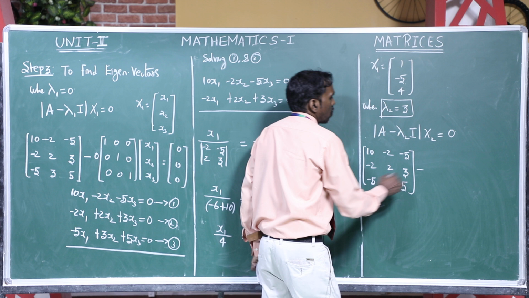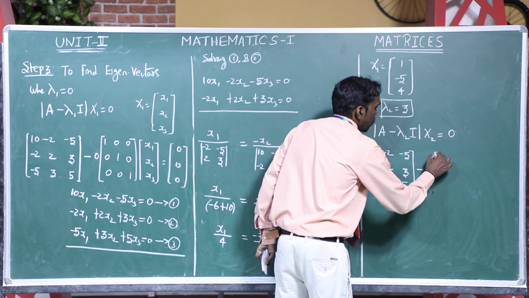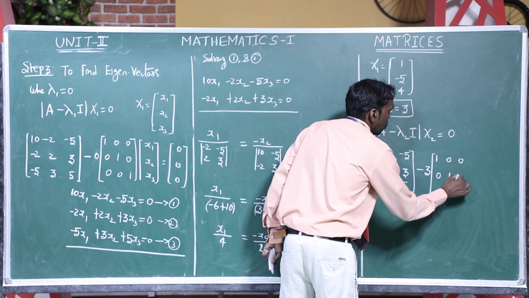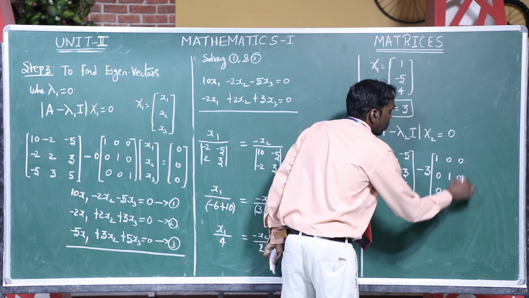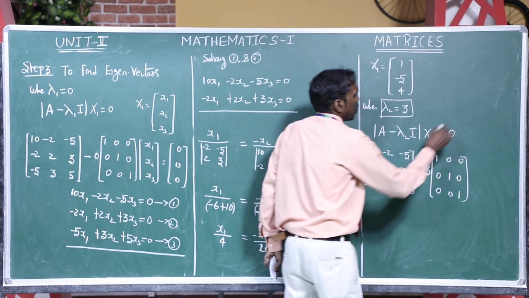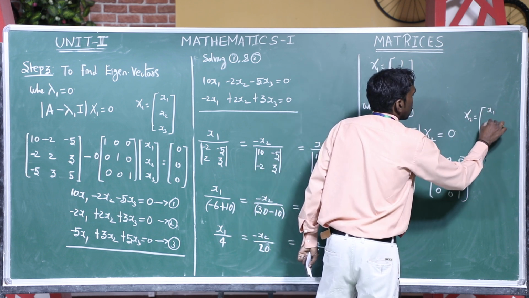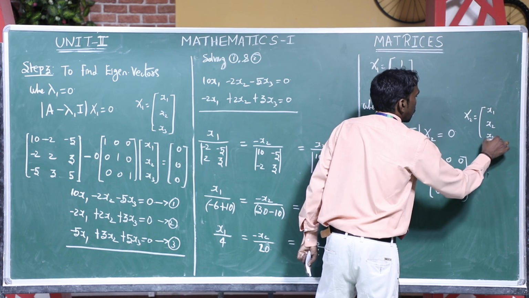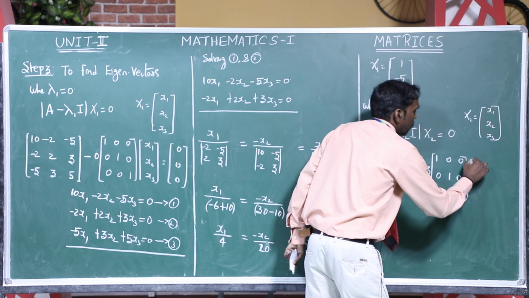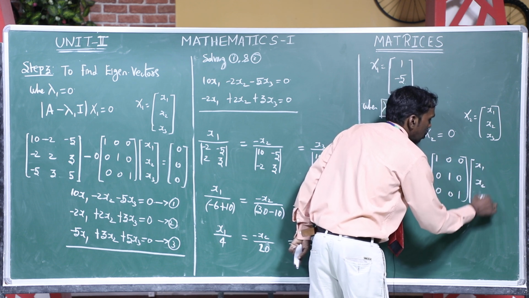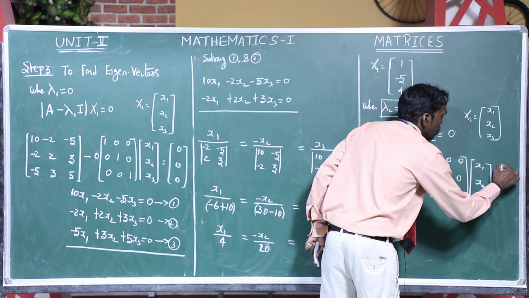Then what about lambda 2? Lambda 2 will be 3. What about your I? 1 0 0, 0 1 0, 0 0 1. What about your capital X2? I can take capital X2 as small x1, small x2, small x3, like that. Substitute here: x1, x2, x3 equal to the 0 matrix.